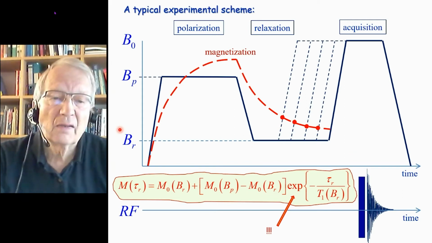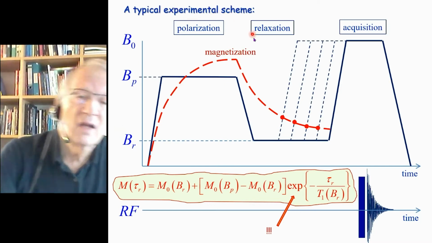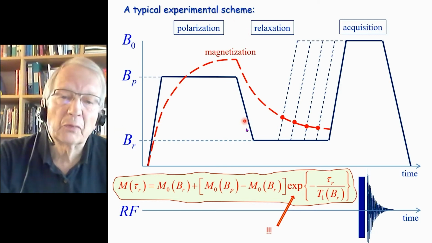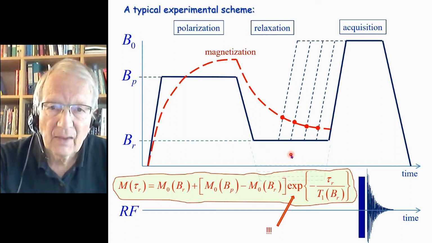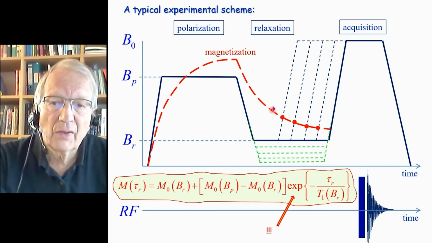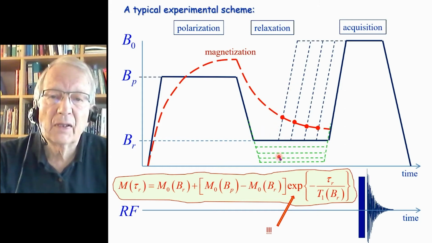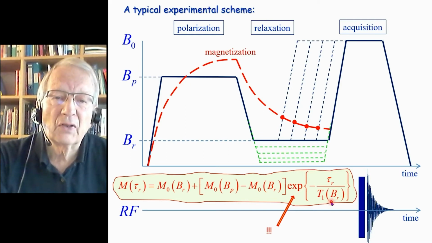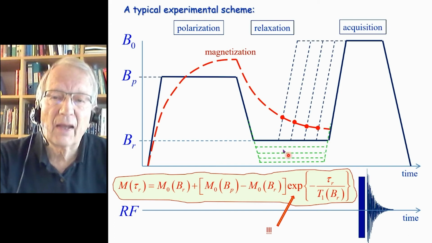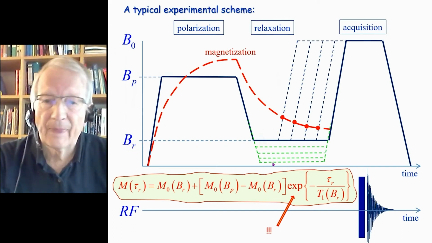In some cases, in heterogeneous samples, there might be a superposition of exponentials, which makes things much more complicated. Now we can also vary the relaxation field, and in this way we can record a data set of this relaxation time or the relaxation rate as a function of the relaxation field.